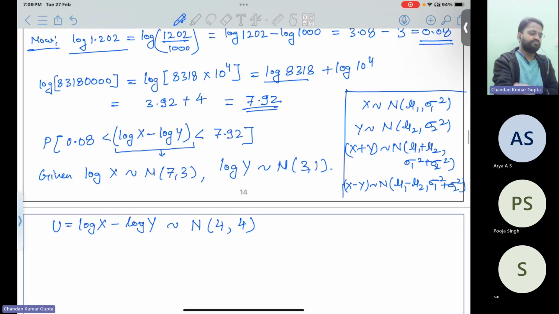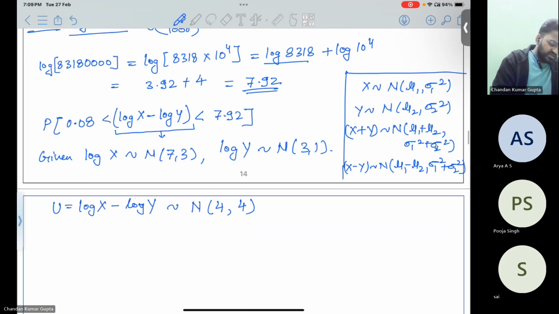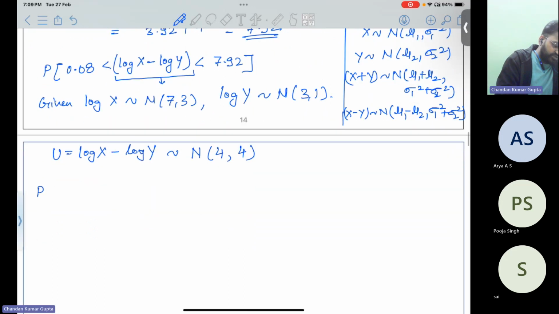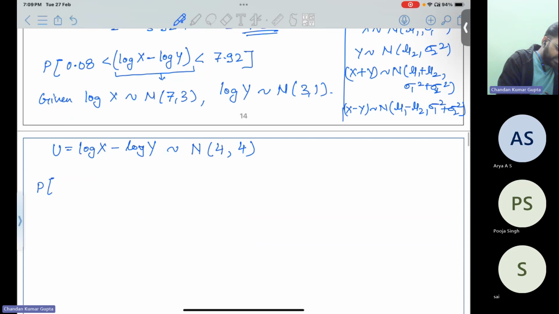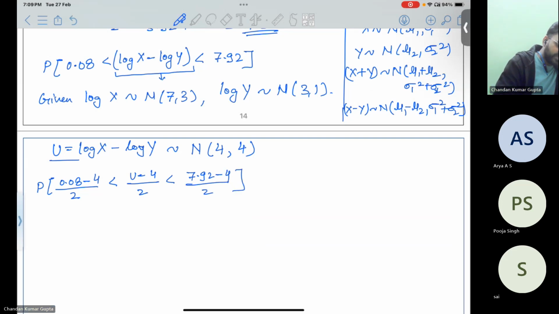We may write like this now. Probability that 0.08 minus mean 4 upon standard deviation root 4, that is 2, is less than u minus 4 upon 2, less than 7.92 minus 4 upon 2.